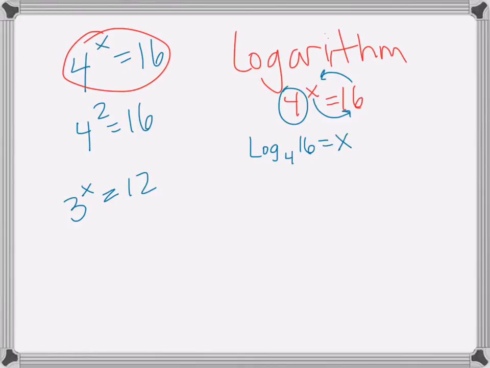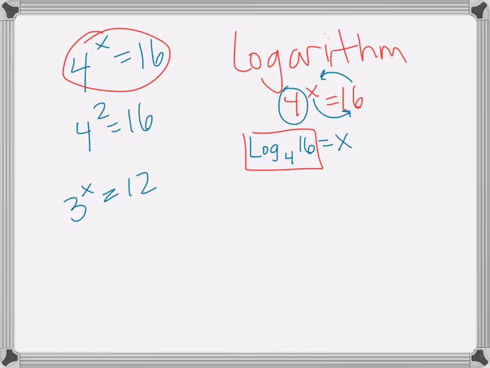So notice how I got x all by itself, right? Because when we solve with algebra, we try to get x, or the variable, by itself to find out what the answer is going to be. And notice how I have this expression over here, log base 4 of 16, or log 4 of 16, whatever you want to call it. If you have a calculator, you can type that in and get an answer.